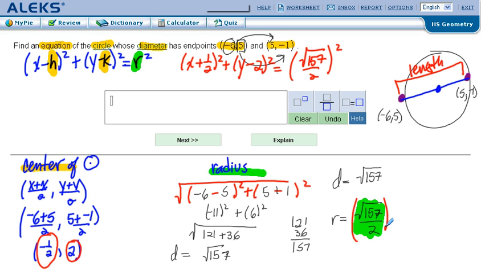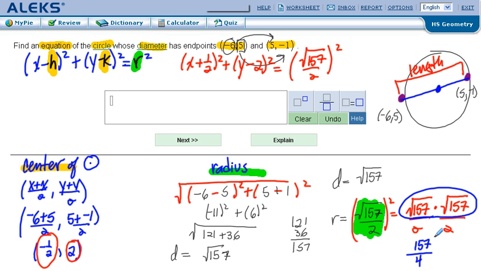So what does this look like squared? That's √157 times √157 over 2 times 2. Anytime you square a radical, you just get the number on the inside. So we have 157 over 4. We're going to leave it at that for our radius.